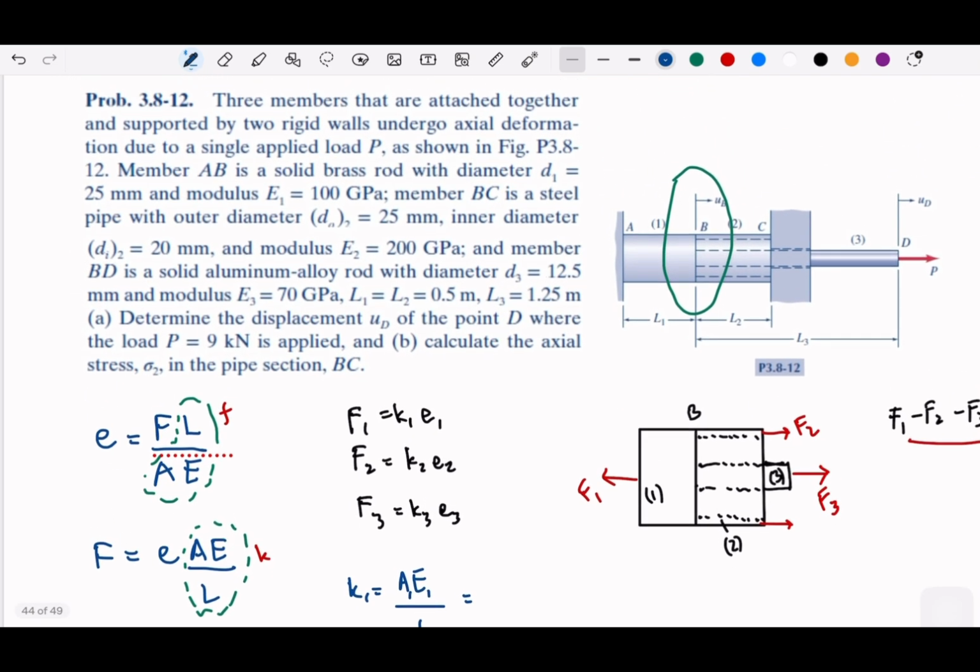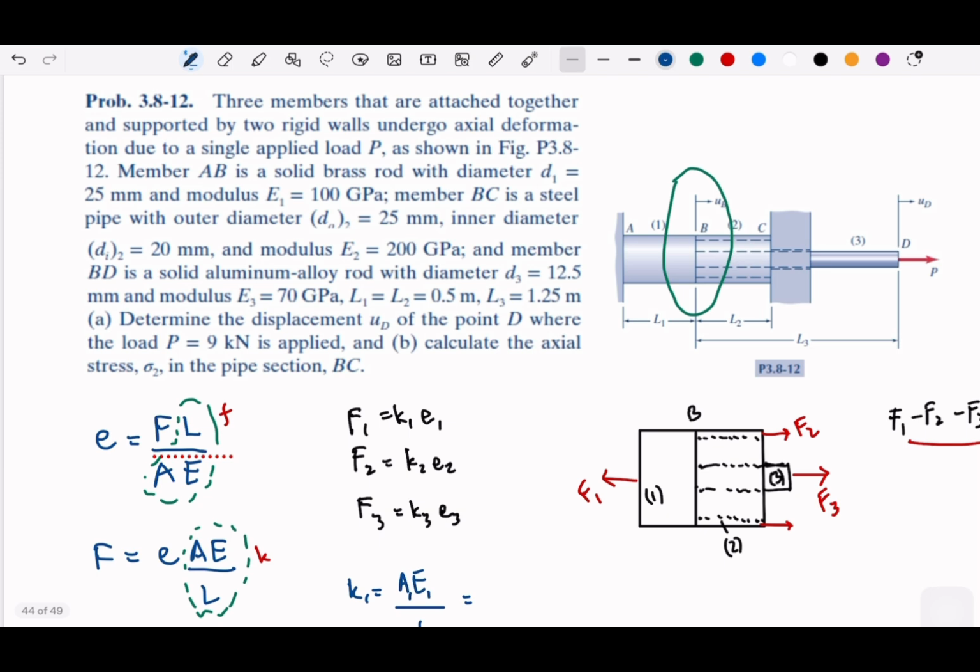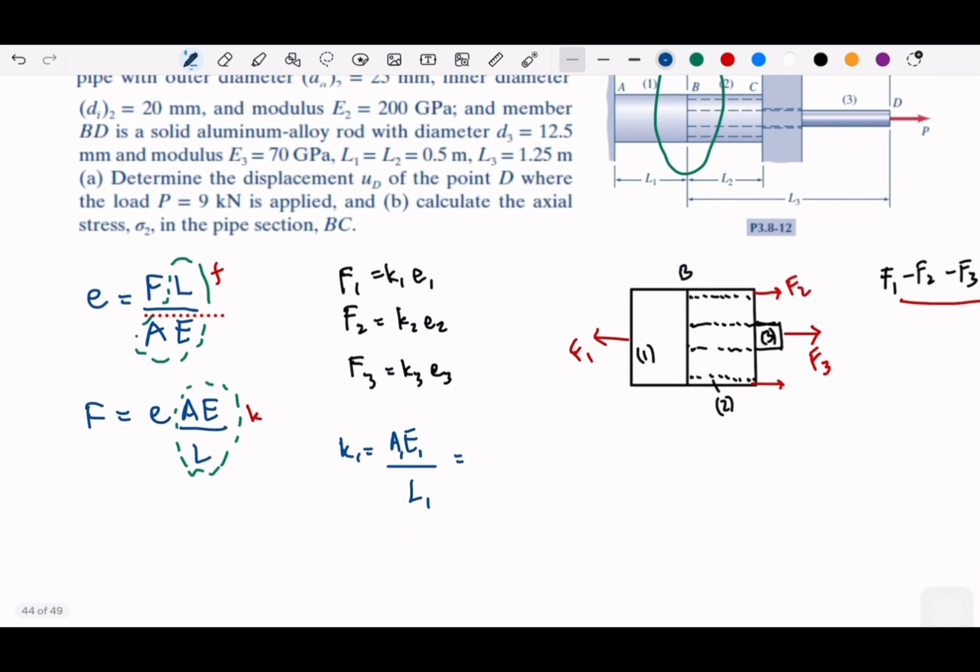So for the first one, we have the diameter is 25 millimeter. So pi over 4, this is 25 millimeter squared.